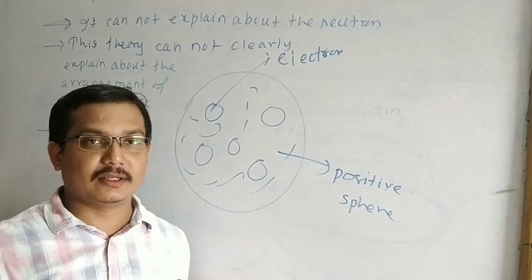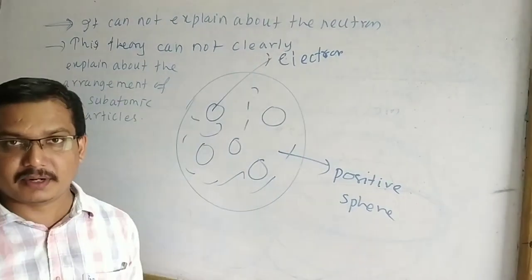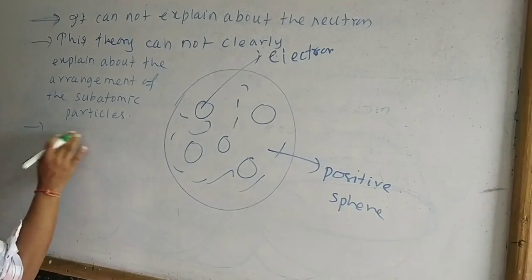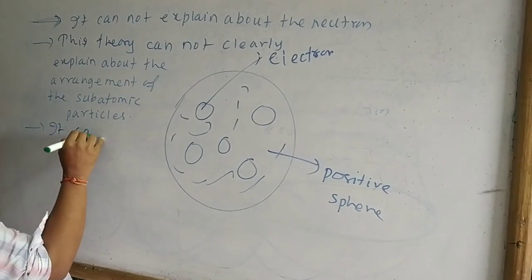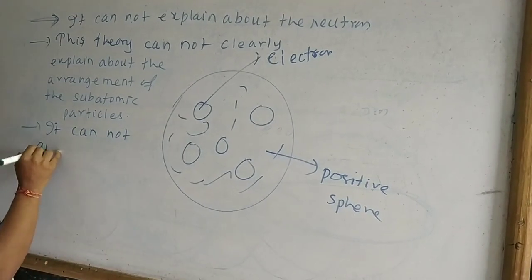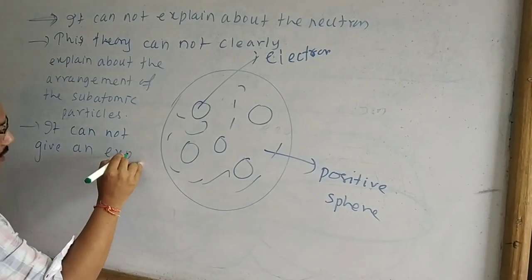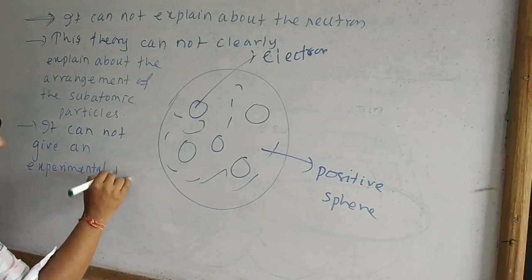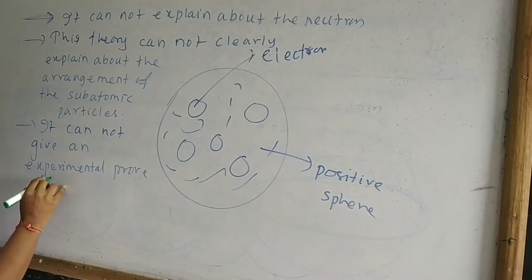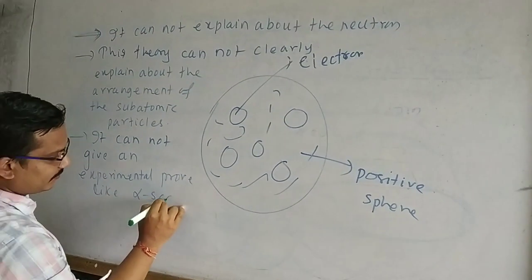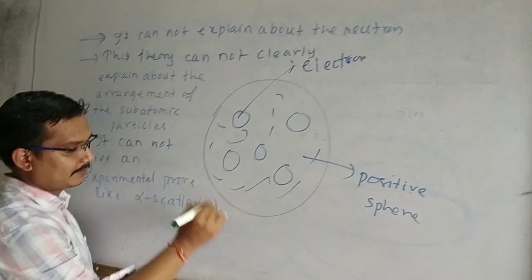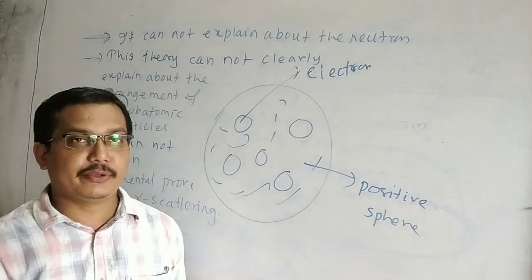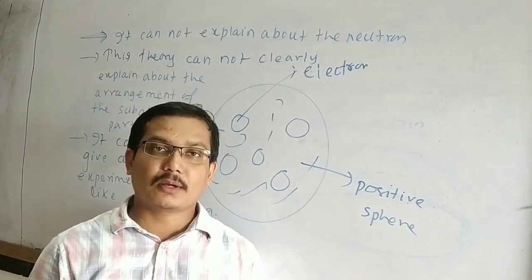We give more importance to the experimental probe. So the third limitation of Thomson's model is it cannot give an experimental probe like alpha scattering. This is all about the postulates and limitations of Thomson's atomic model.